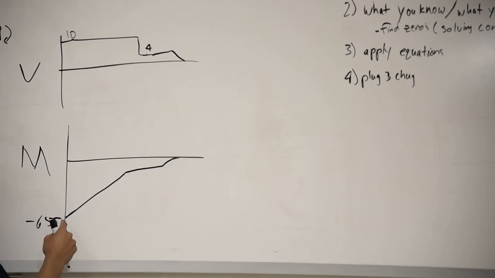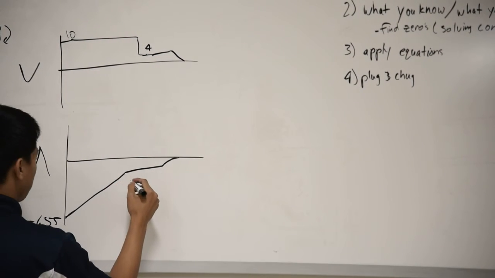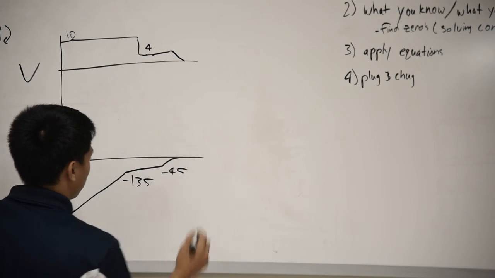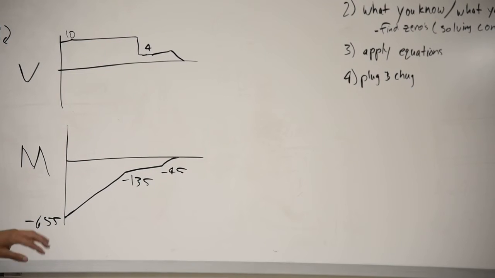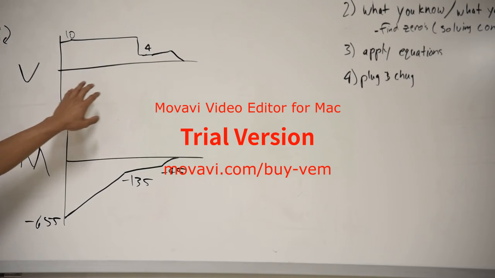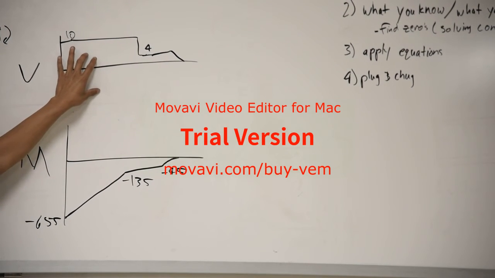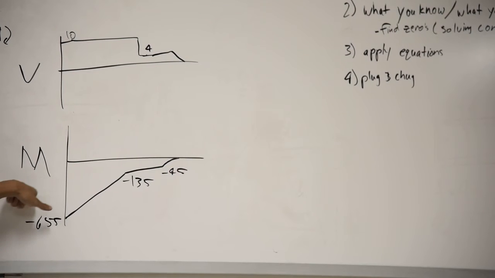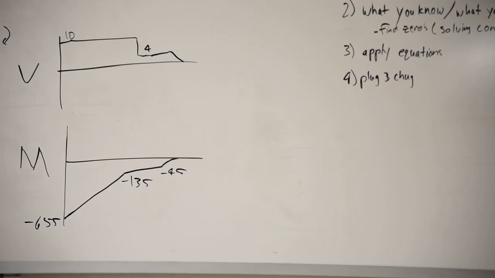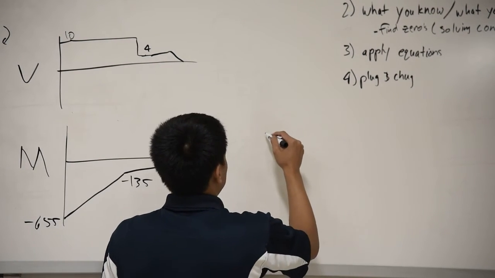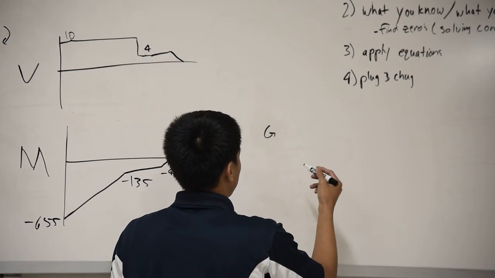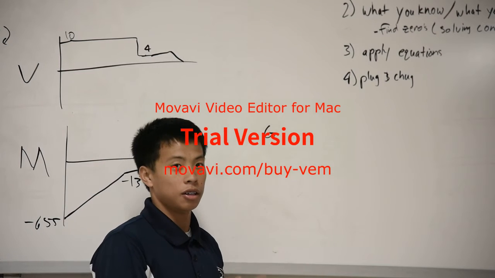Okay? Here, you would need the starting point, negative 655. This was negative 135. And this was negative 45. Okay? So, to find the values for this, you just balance out the forces. You add and subtract forces as you go. And to find the values for this, when you have a moment at any spot, that's a straight up and down line, a certain amount.